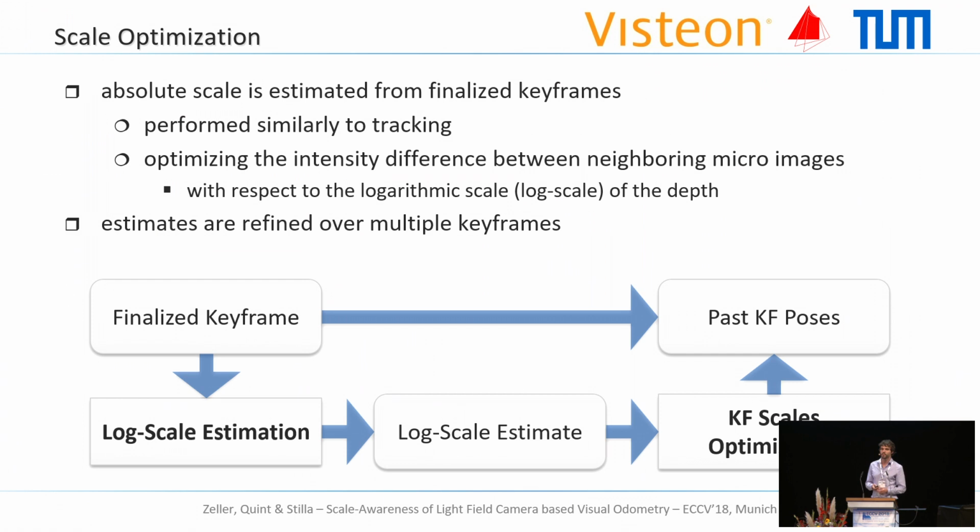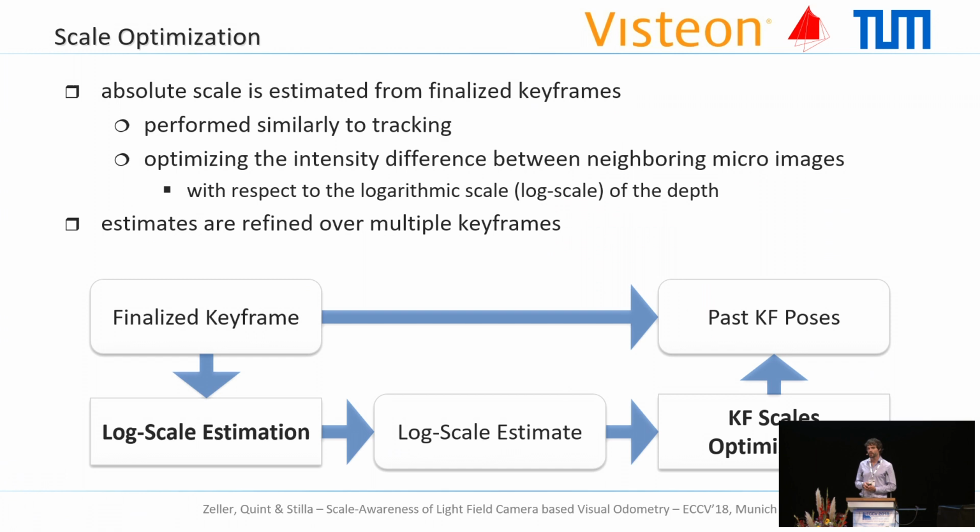We use a keyframe which is finalized. So if we select a new keyframe, we use the last one and basically track it on its own. We calculate the point cloud out of the depth map and project it back to the micro images of this keyframe, and then we optimize the intensity error with respect to the scale of this depth map.